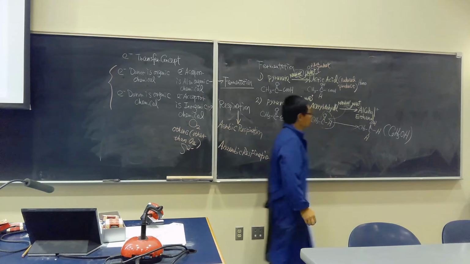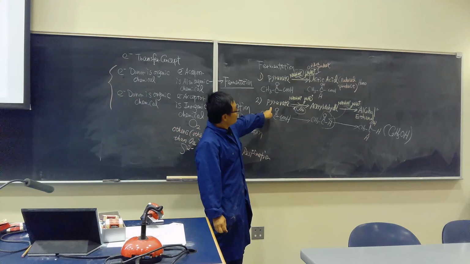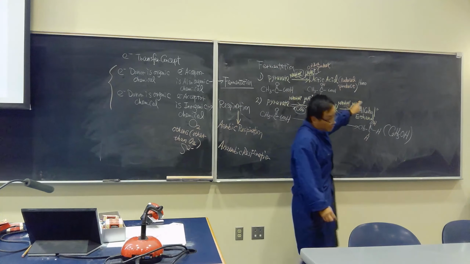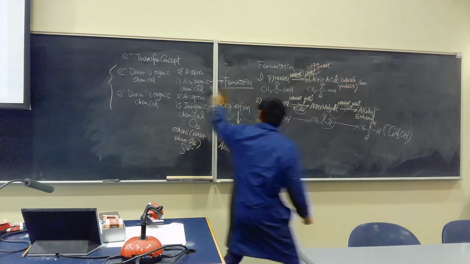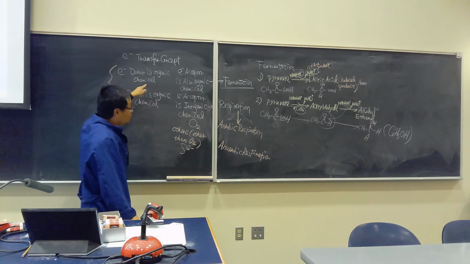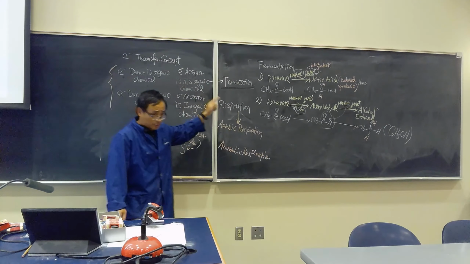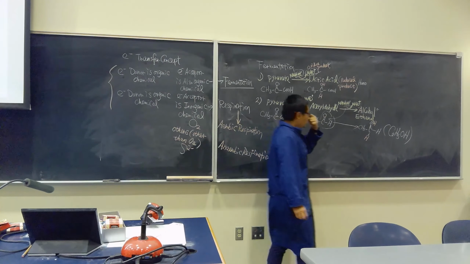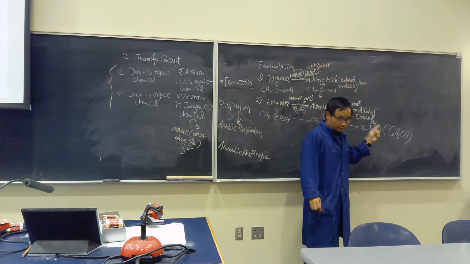Now, pyruvate is an organic chemical. The ethanol is an organic chemical. So, electron donor is an organic chemical. Electron acceptor also is an organic chemical. And if the fermentation process generates not only lactic acid but other chemicals, let's say ethanol, we call it heterofermentation.